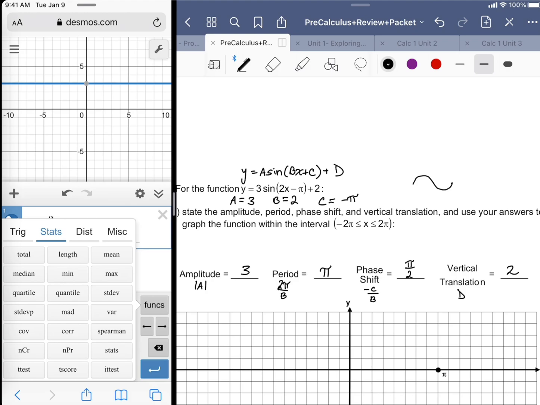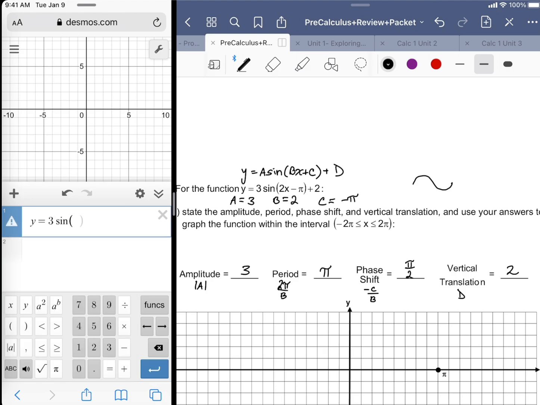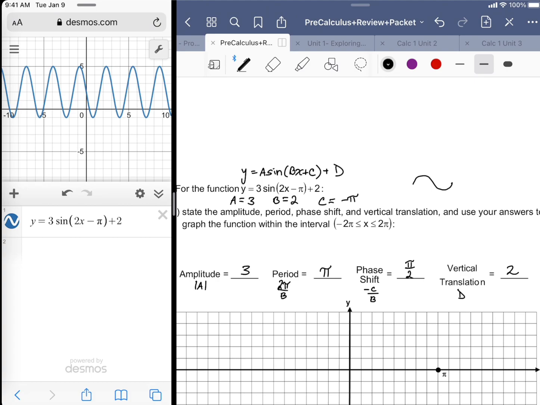All right, I'm going to tap on trig, sine, in this case 2x minus pi, close it up, add 2. All right, another thing I'm never going to ask you to do in this class is make a graph by hand.